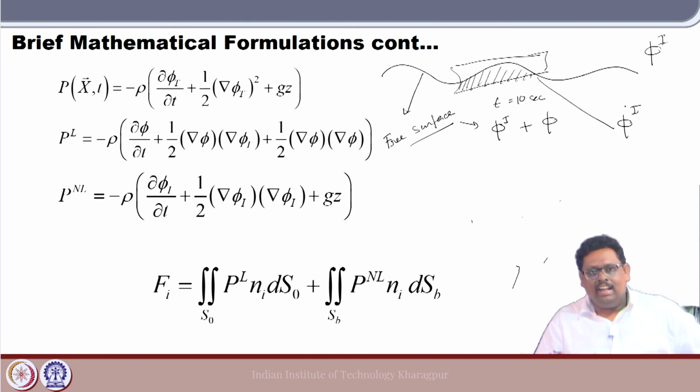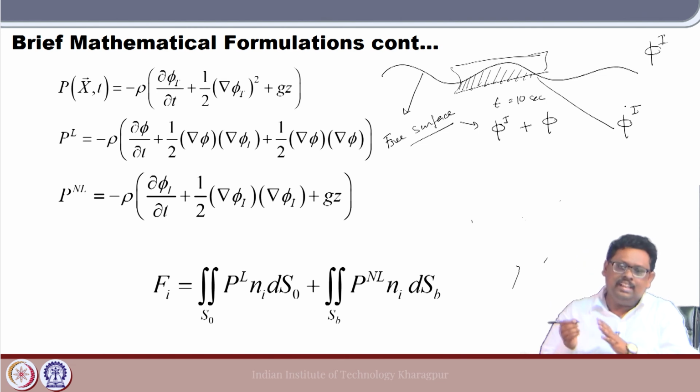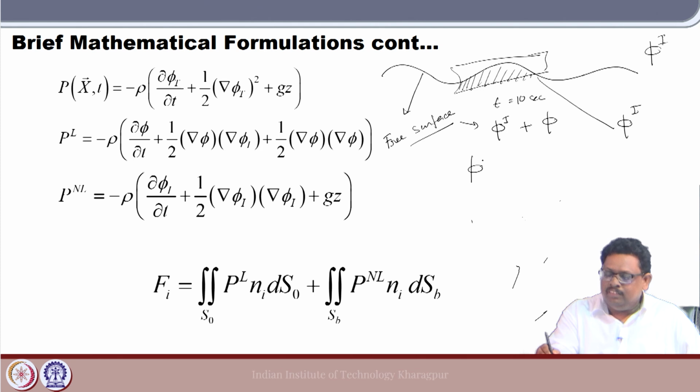Otherwise, I am not saying that it is impossible to get the nonlinear free surface. It is not that easy, but it is possible. When we have the expression for phi, I am just telling theoretically how it is possible.